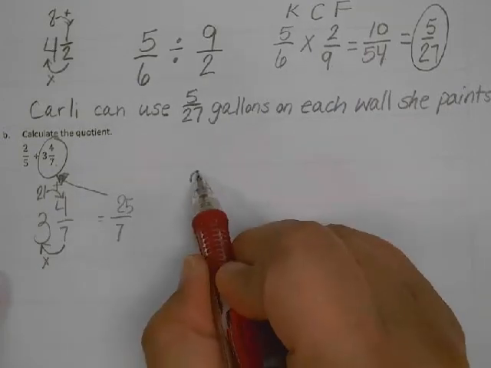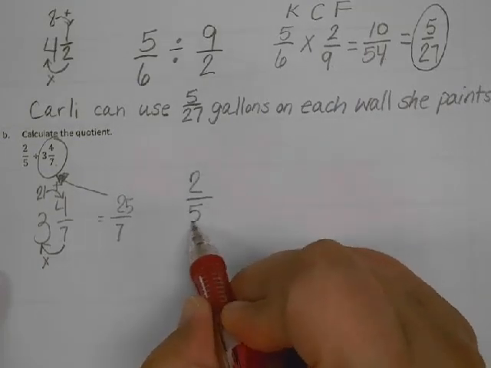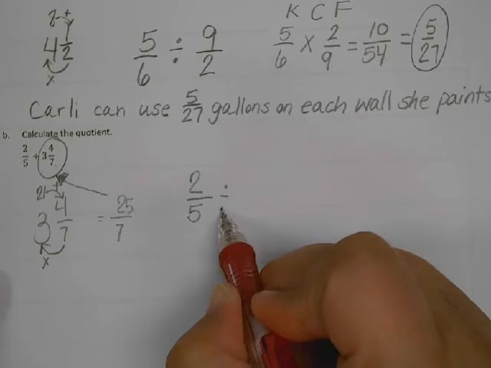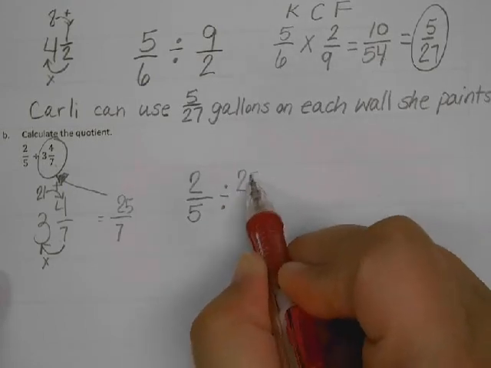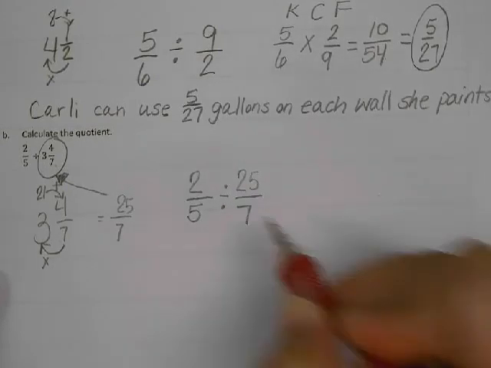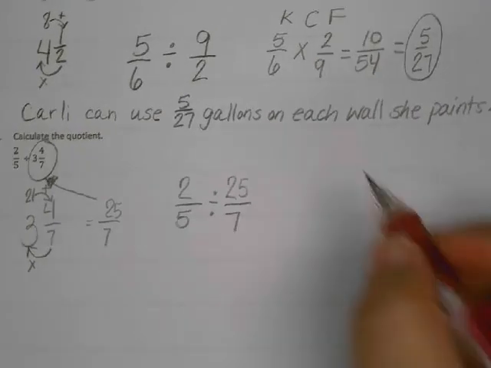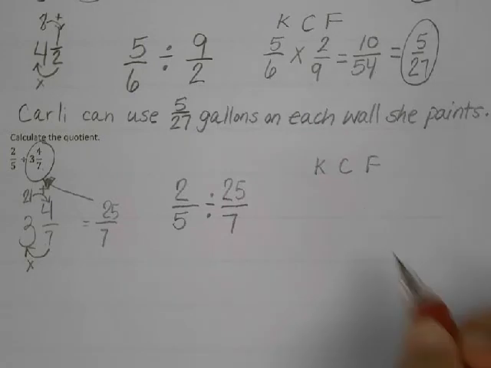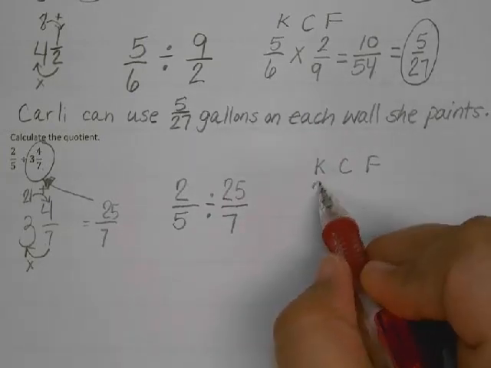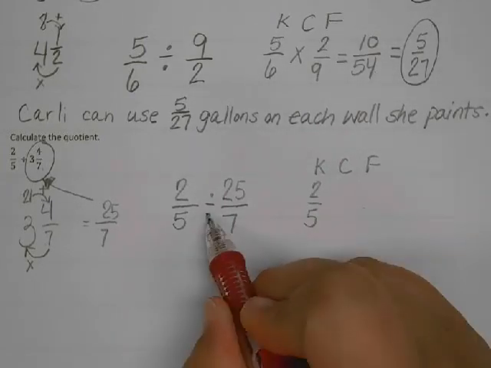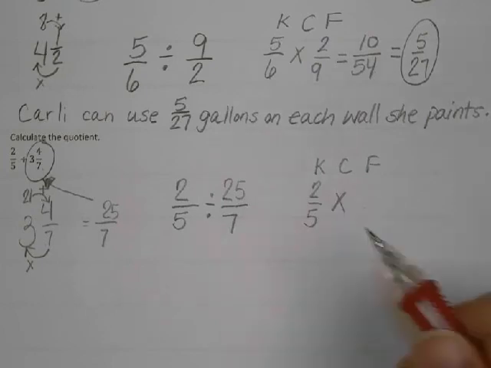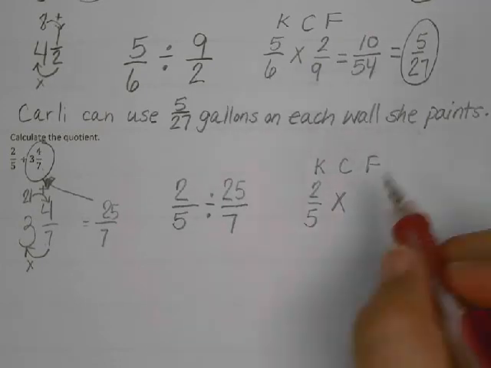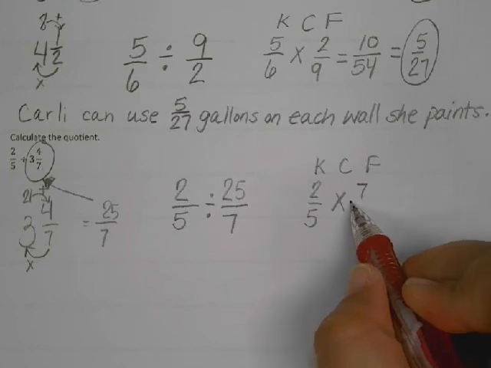So now the problem they want me to calculate is 2/5 divided by 25/7. So I'm going to use my invert and multiply, which is my keep, change, flip. So I keep my 2/5. I change my division to multiplication, and then I flip to the reciprocal, which becomes 7/25.